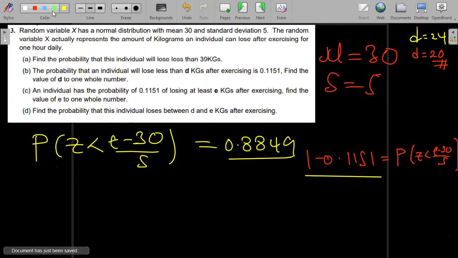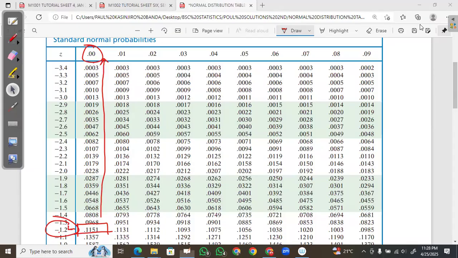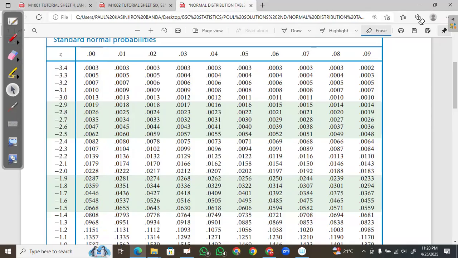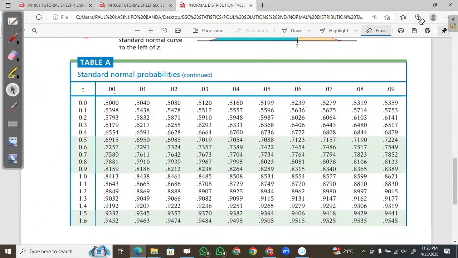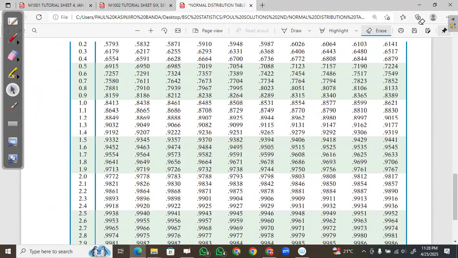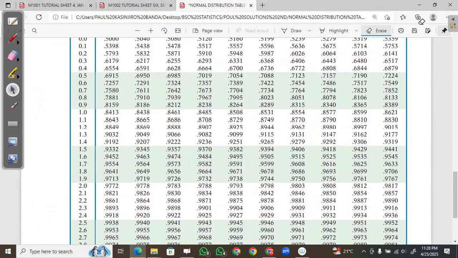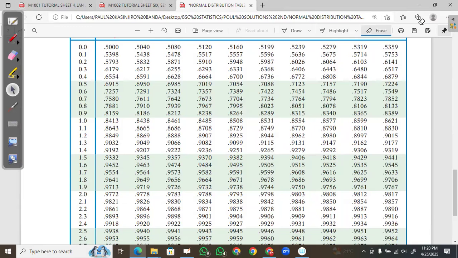So we go on the Z table to look for this probability, 0.8849. We can't find it on the table for negative values, because 0.88 is big, so I will return to the table for positive values. Is 8849 here?